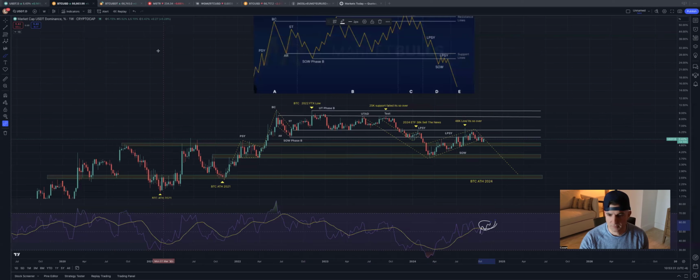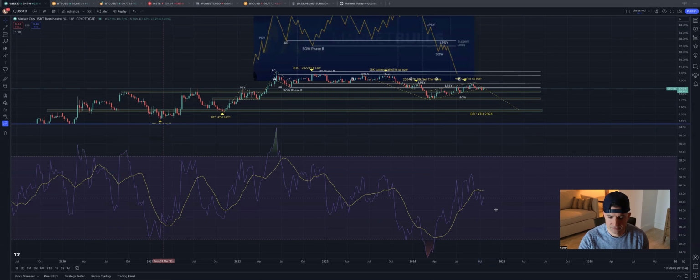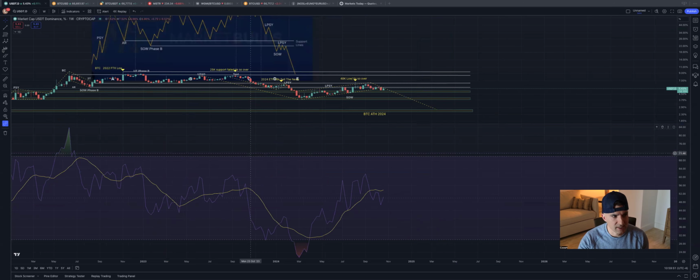Remember this chart I showed here? This is the USDT dominance chart. Let me make this larger. What's going on here? It's the opposite, right? We had a breakdown as it relates to the moving average on RSI, and now we're consolidating below it, folks.